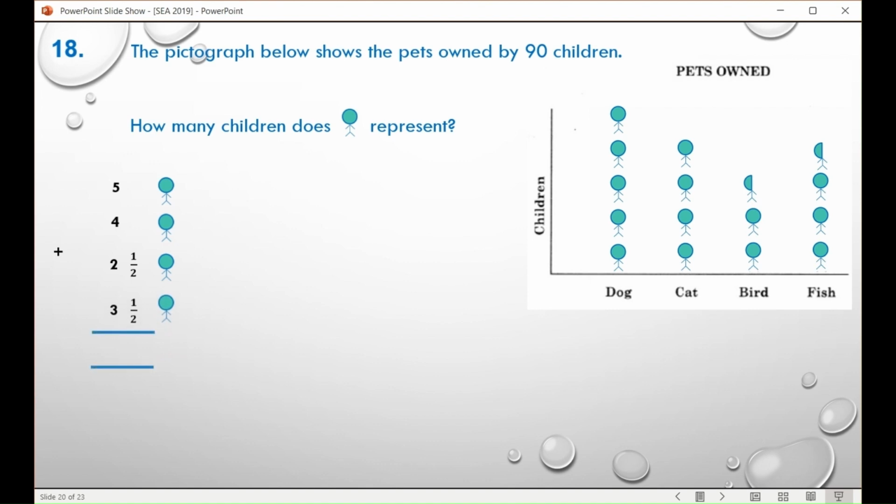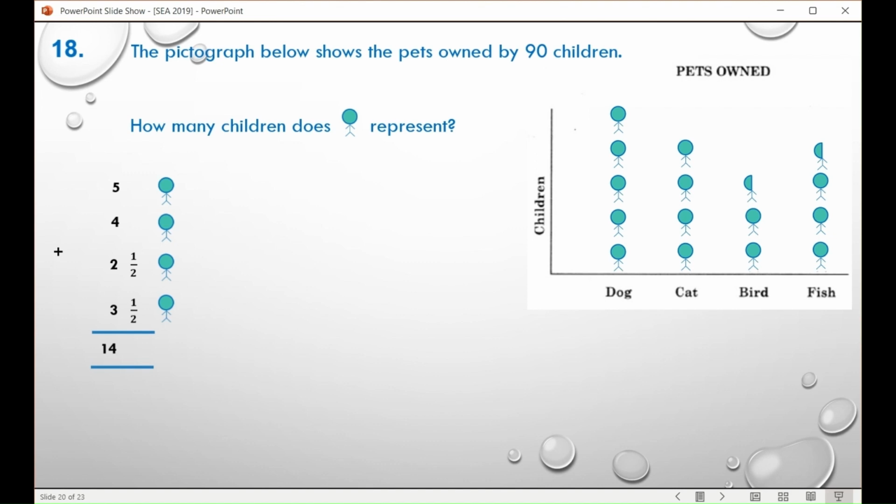As such, if we want to find out how many in all, we can add up the whole numbers. 5 and 4, that's 9. 9 and 2, that gives us 10, 11. 11 and 3, 12, 13, 14. So we know that there are 14 wholes.